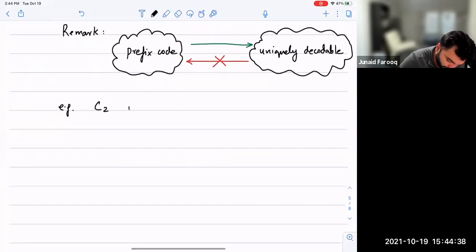So for example, C2, 1101 is uniquely decodable.